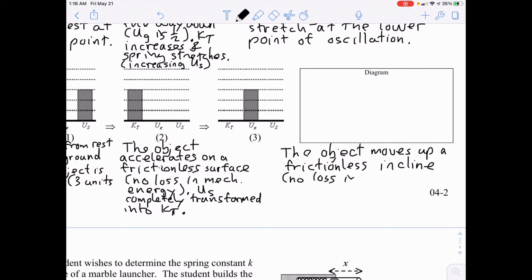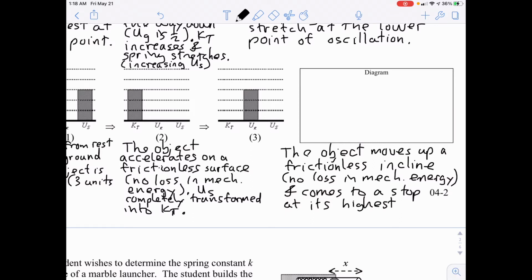No loss in mechanical energy. And comes to a stop at its highest point. Again, we know this because translational kinetic energy is 0.